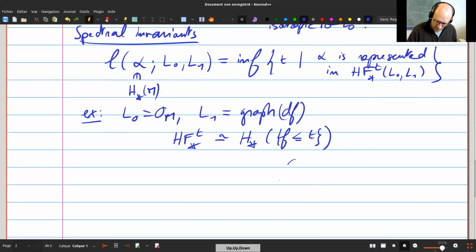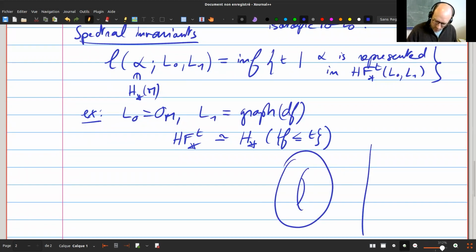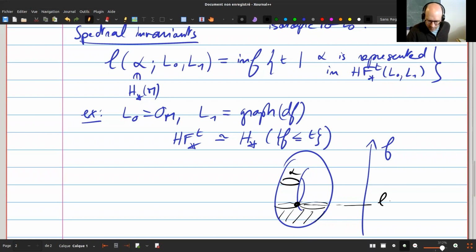If I see f, for example, as a function on a torus like this, and I take alpha to be a class represented by a meridian on the torus, then we see that the lowest level under which the class is represented is exactly this one. That's the lowest sublevel set in which the class alpha is represented. So in that case, the number l is exactly this critical value of f here.